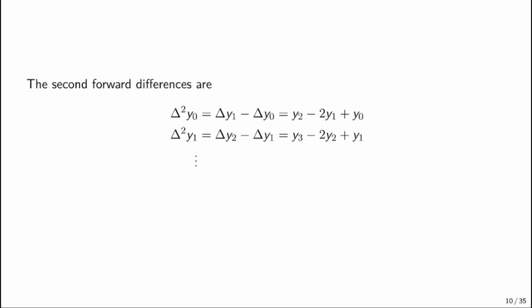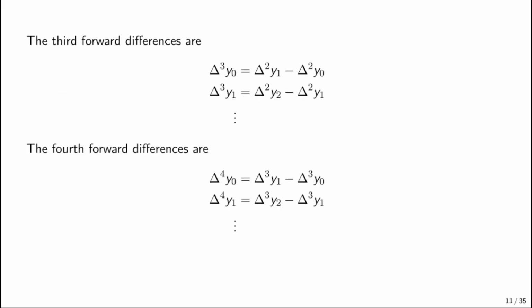We know that delta y1 is y2 minus y1 and delta y0 is y1 minus y0. So delta square y0 will be y2 minus 2y1 plus y0. Similarly, you can find delta square y1, delta square y2, etc. In a similar way, we can find the third forward difference delta cube yi and the fourth forward difference delta to the power 4 yi as given.